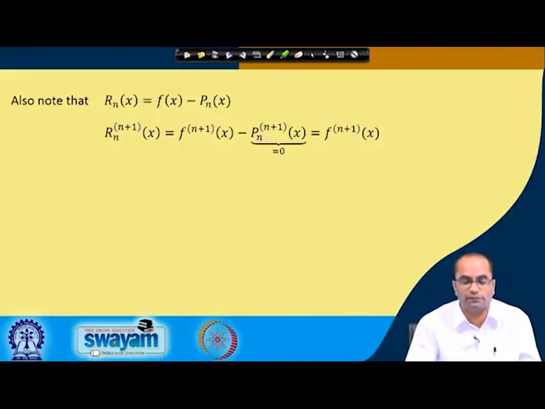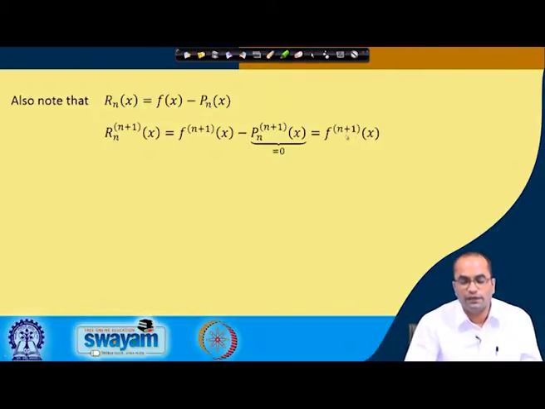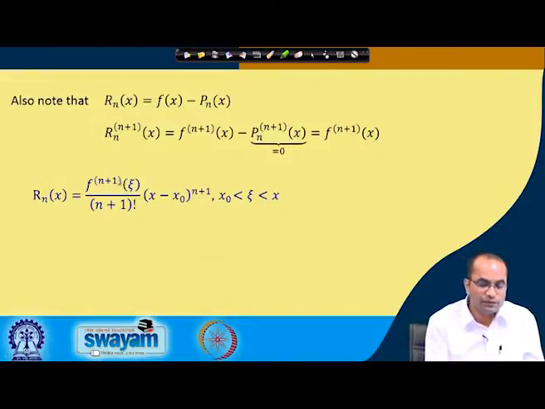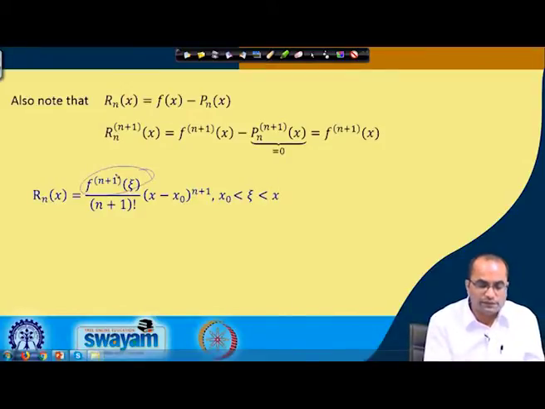So if we take the (n+1)th derivative, this term will become 0, and we have R_n^(n+1)(x) equal to f^(n+1)(x). And now we can substitute in our formula the R_n^(n+1), so we have substituted this value as f^(n+1)(xi).